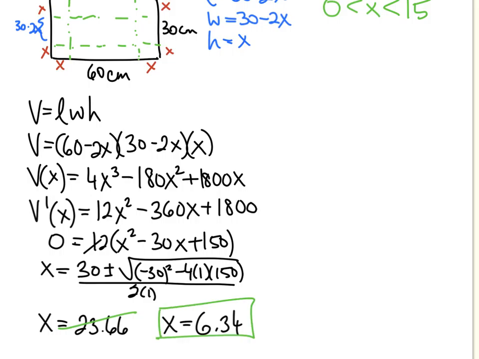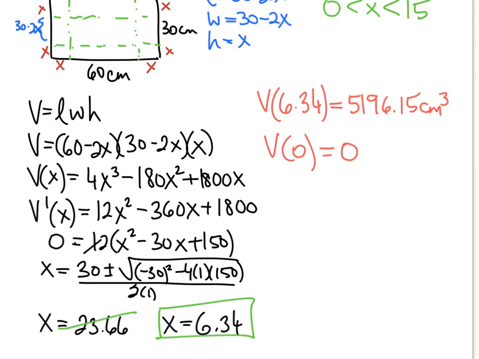So now we want to test the volume, figure out the value at 6.34, which comes out to 5,196.15. So that's pretty high. That seems like it's maximized, but just to check, we're going to do V of 0, which is 0, and V of 15, which is also 0.